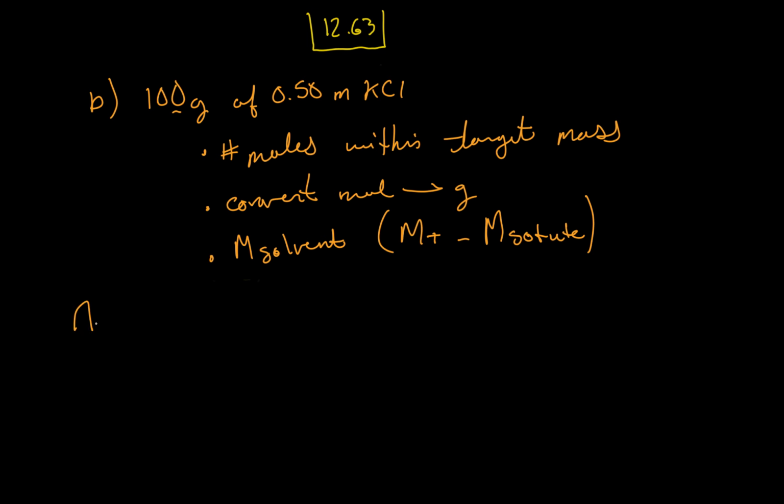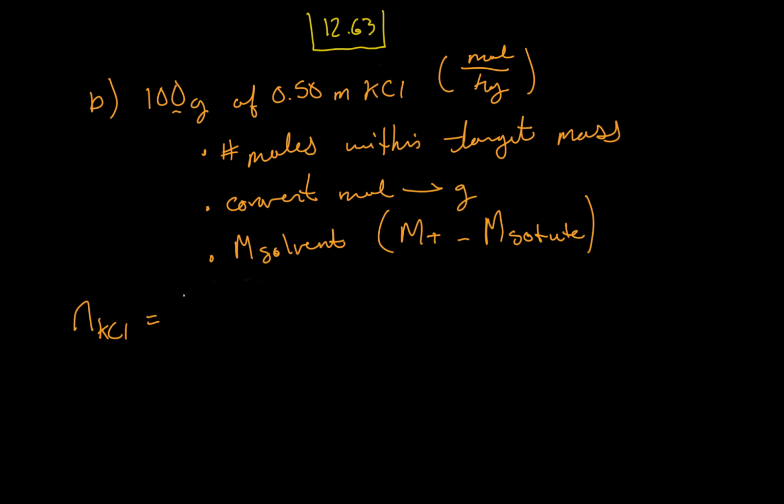So moles of KCl. These are going to work out to the same numbers as last time, but we'll go through the motions here anyway. Don't forget this unit. This m here stands for moles per kilogram, meaning we've got, again, a 1,000 to 1 conversion to do between what we're given and what we need.